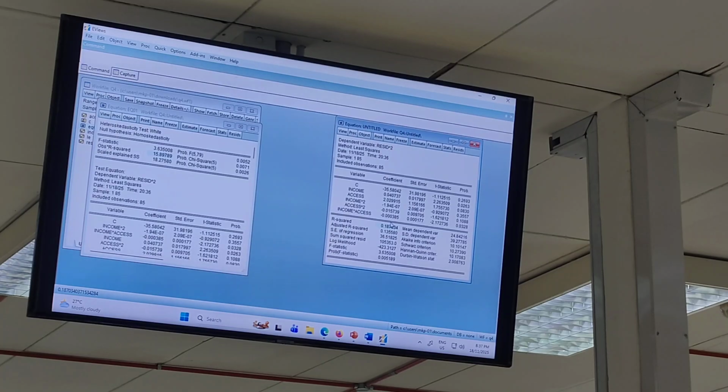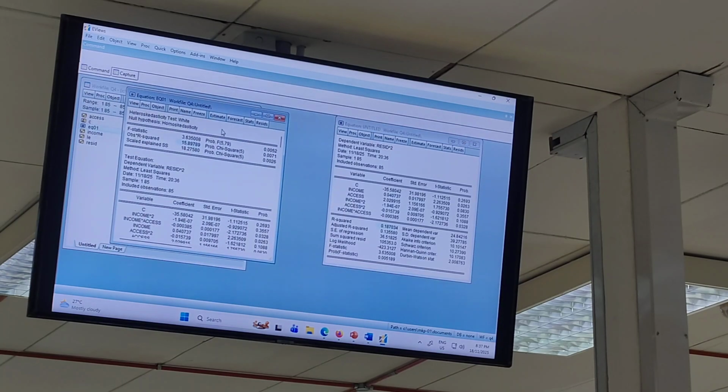So now, how to remedy the problem? We have a number of different ways we can use, but if you inspect the plot of residual against assess and residual against income, you will not be able to see that it is proportional to any of the x. So you cannot use the weighted least squares.